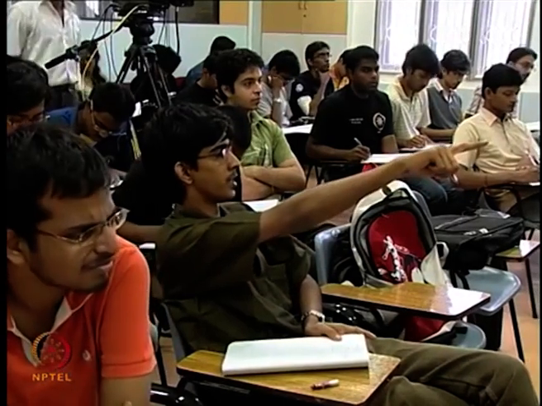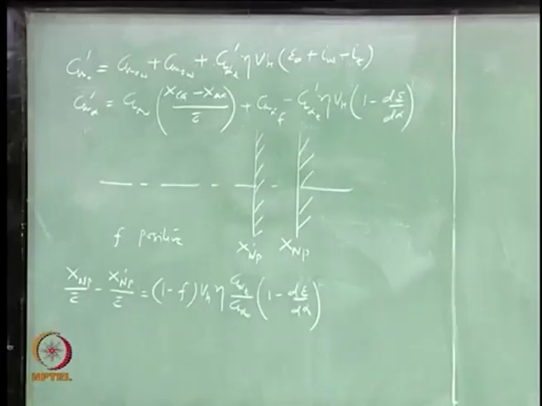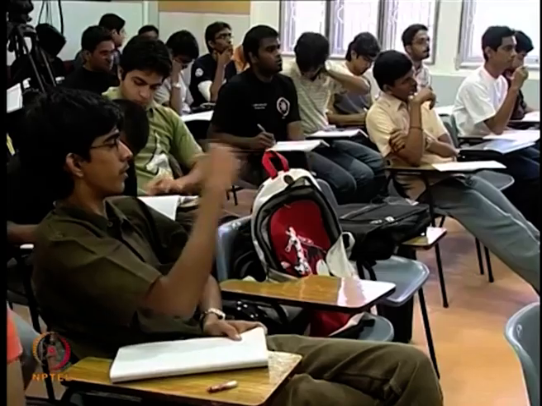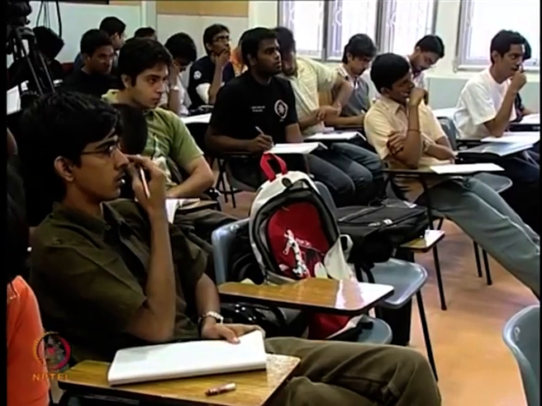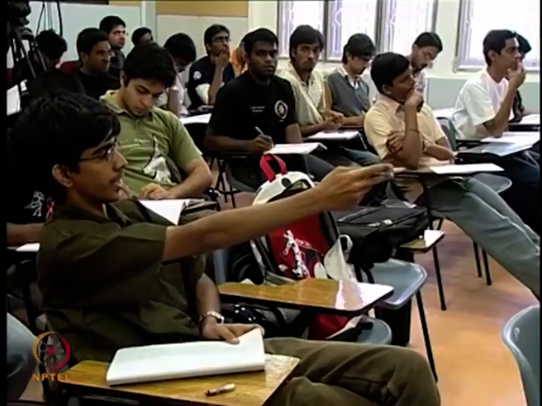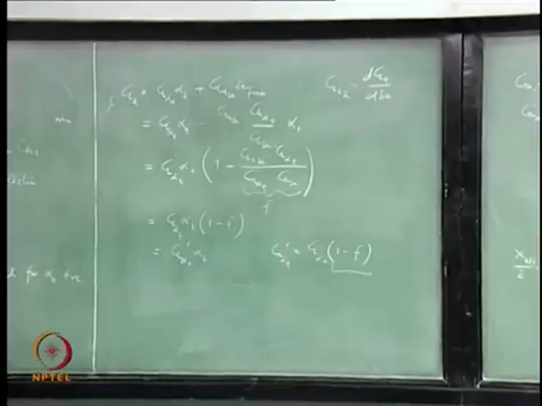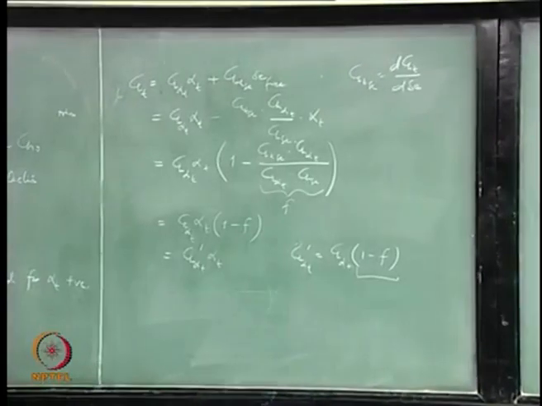Subtracting CM alpha from CM dash alpha, the one will go away. You don't have 1 minus f? The one will go off when we subtract. Then I have to put a prime here. So if we expand CL alpha t dash, it will be CL alpha t minus f into CL alpha t.